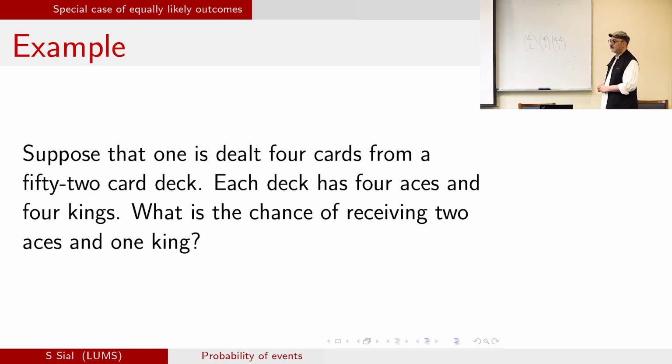Yes? In the previous example, why did you not do 4 choose 1 and instead you chose 1 times 1 times 13? Oh, okay. We want to construct a 4-card hand, and it's to have exactly 2 aces and 1 king, right?